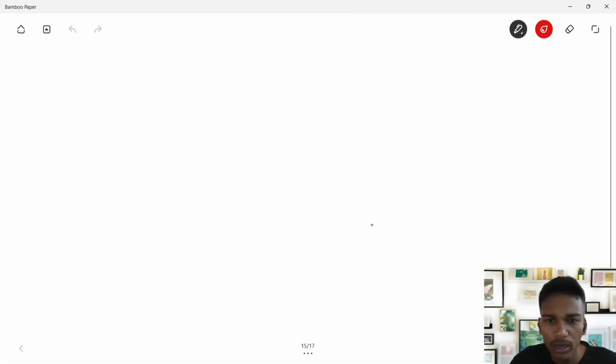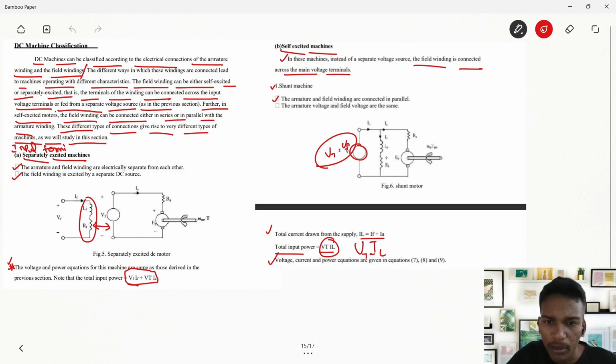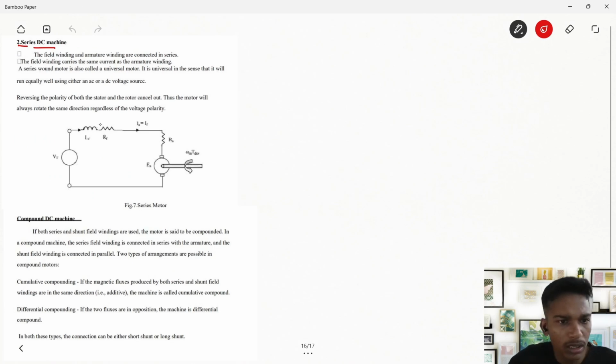But in this next classification, we connect the field winding and armature winding in series. So these are known as series DC machines. The field winding carries the same current as the armature winding.